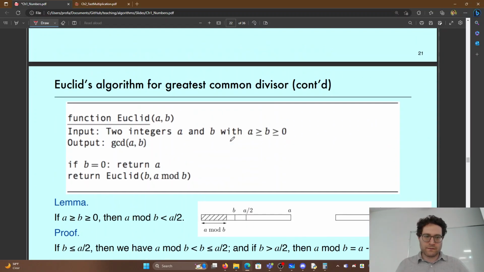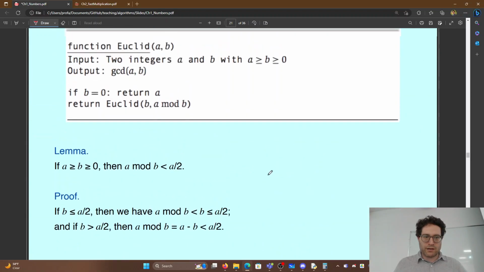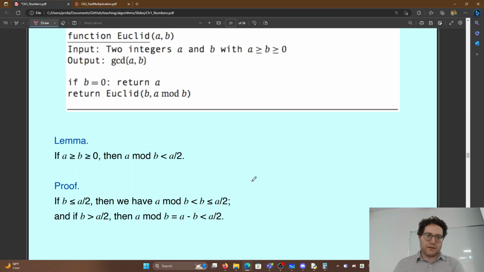So let's see. What we're going to do, and it says, by the way, if A and B are both greater than 0, then A mod B is going to be, at most, half of our bigger value.